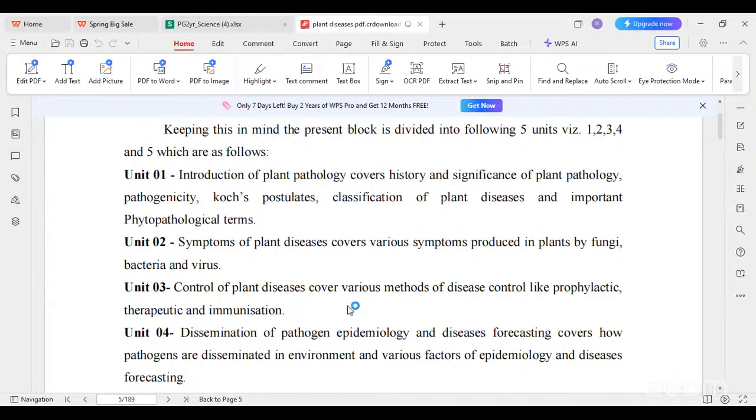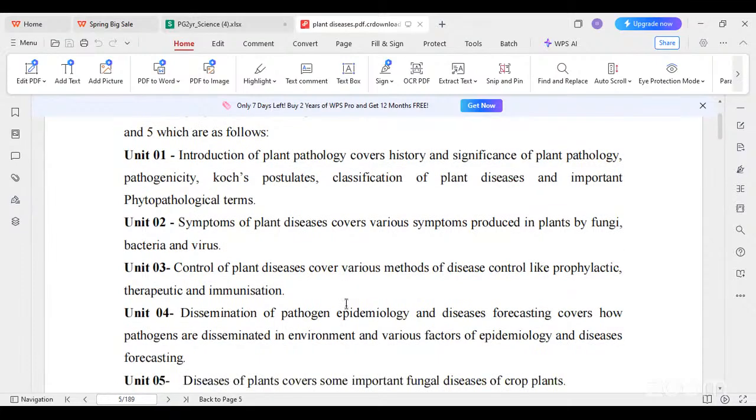The second one, symptoms of plant disease, covers various symptoms produced in plants by fungi, bacteria, and viruses. Unit 3, control of plant disease, covers various methods of disease control like prophylactic, therapeutic, and immunization.